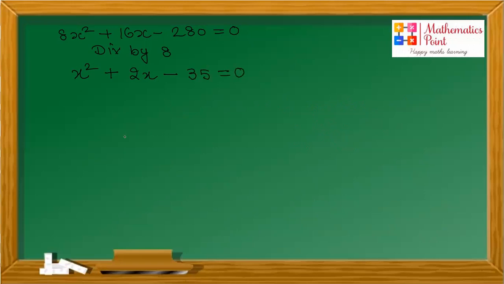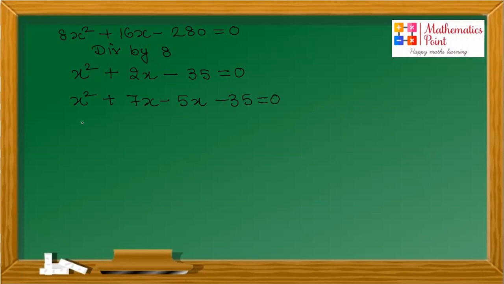Now it is a very easy quadratic equation. We can factorize it by splitting of middle term also. So we have to find two such numbers which when multiplied together should give us minus 35, and when subtracted should give us 2. So the possible numbers are x square plus 7x minus 5x minus 35 is equal to 0.